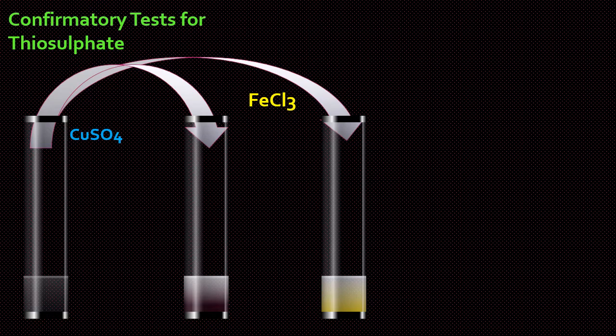So this is another confirmatory test for thiosulfate acidic radical. If we add ferric chloride to the original solution of thiosulfate, the solution turns yellowish, or a yellowish precipitate forms at the bottom of the test tube. Let's do another one.